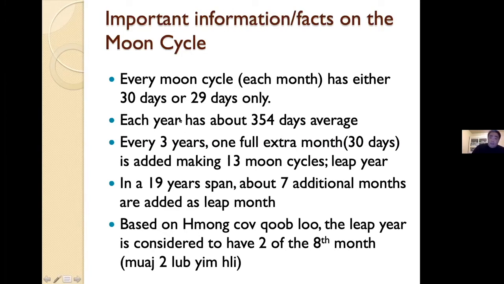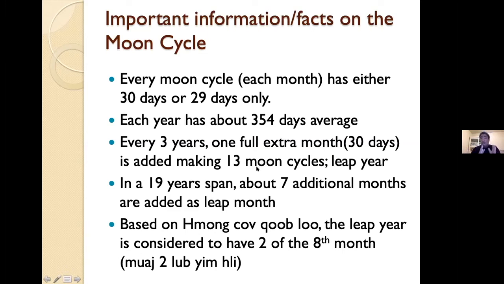So every year, we have that calendar with 365 days. We set the number of days of the months, and 12 months to equal 365 days a year. But if you do the math, you notice that 1 moon cycle is either 30 days or 29 days, which comes to an average of 354 days.